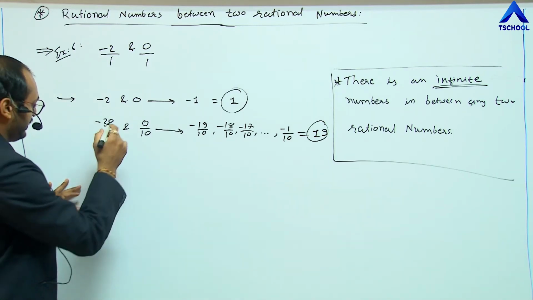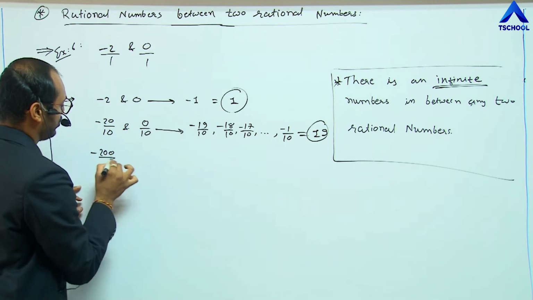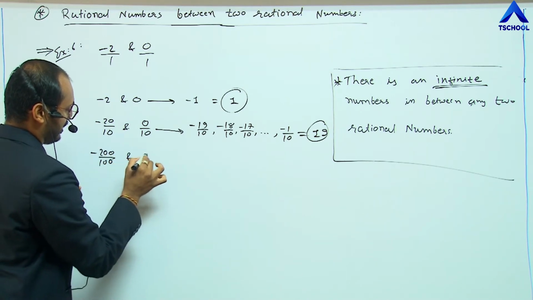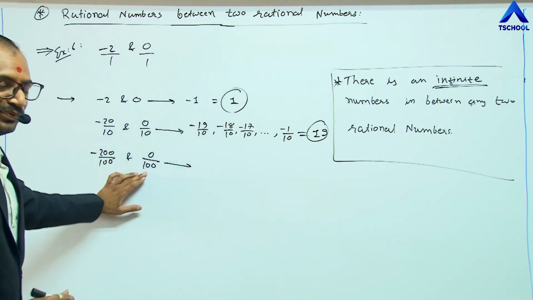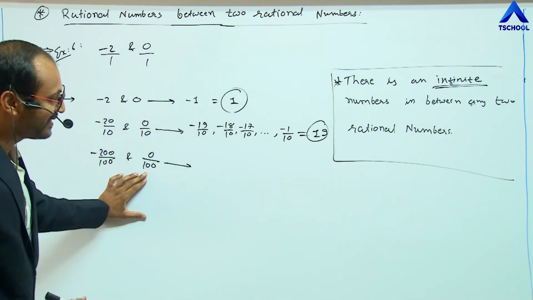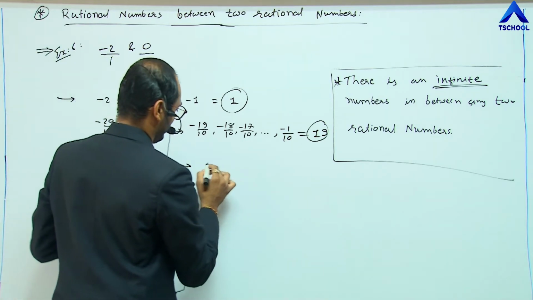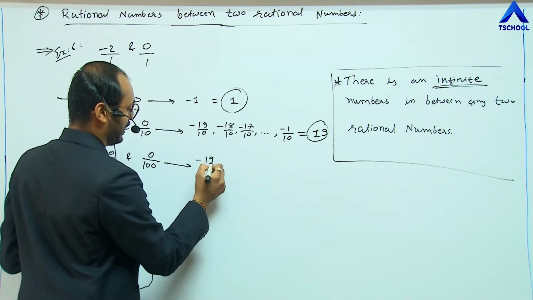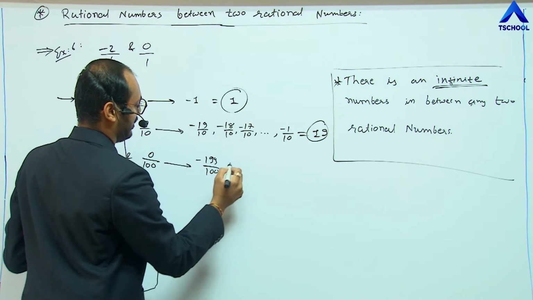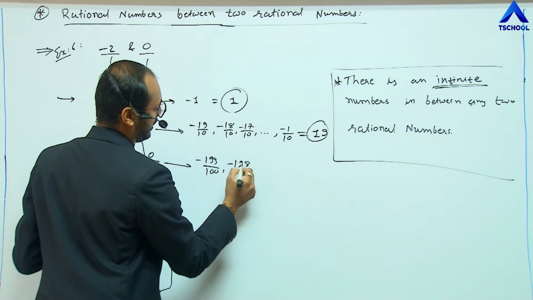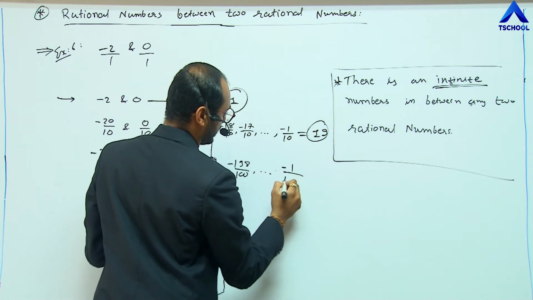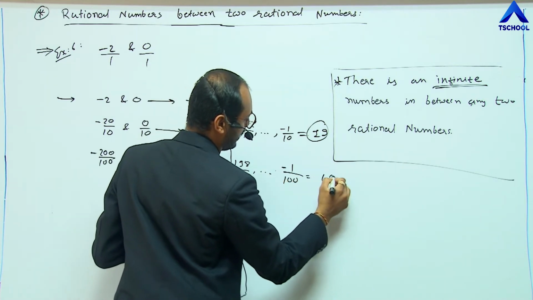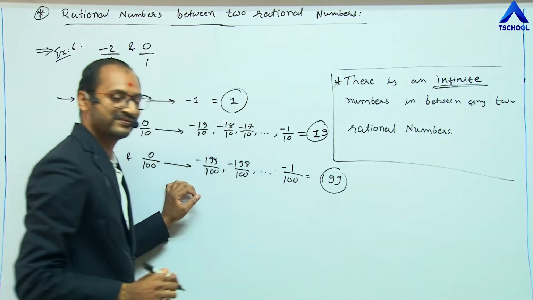Now, let me take -200 by 100 and 0 by 100. How many rational numbers are in between these two? Yes, 199. If I write -199 by 100, -198 by 100, and so on up to -1 divided by 100, there are 199 rational numbers.